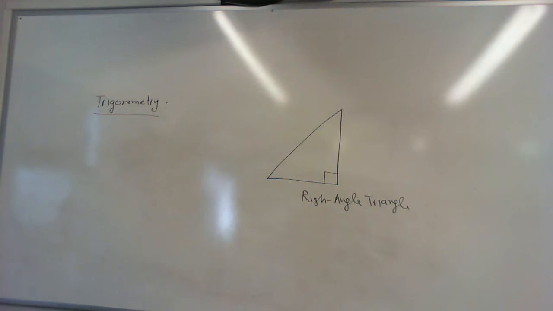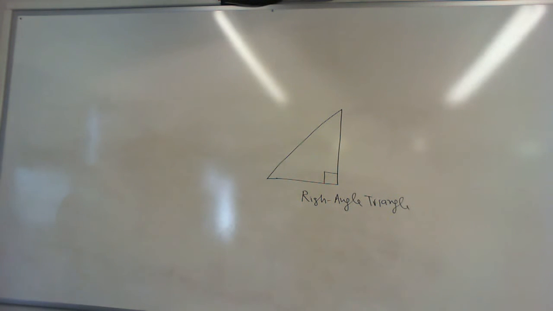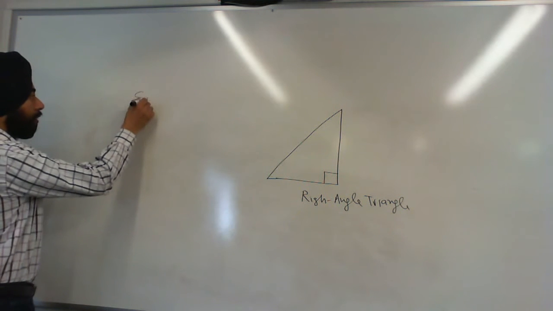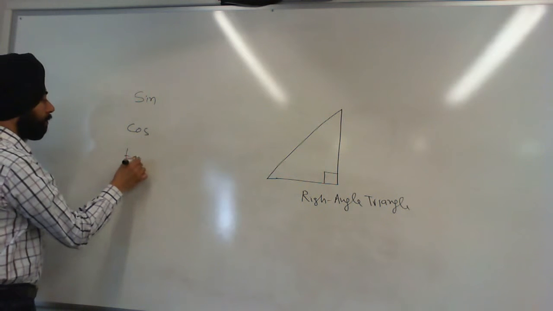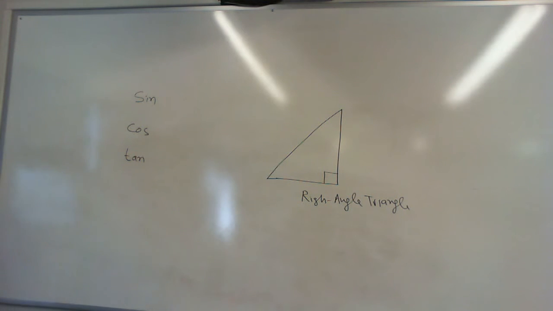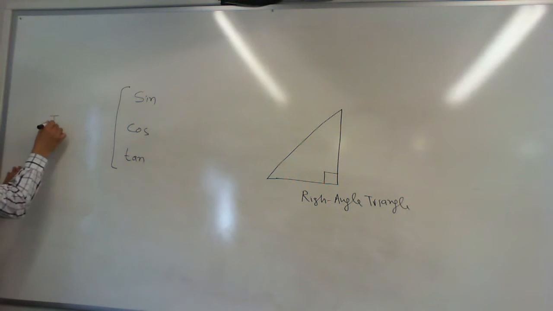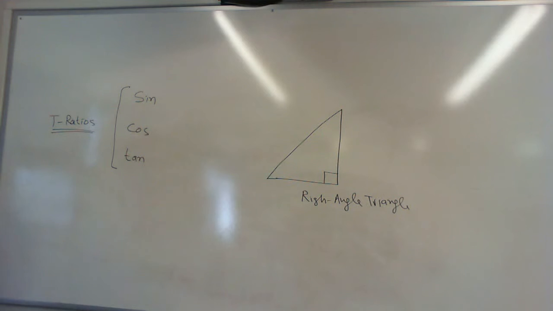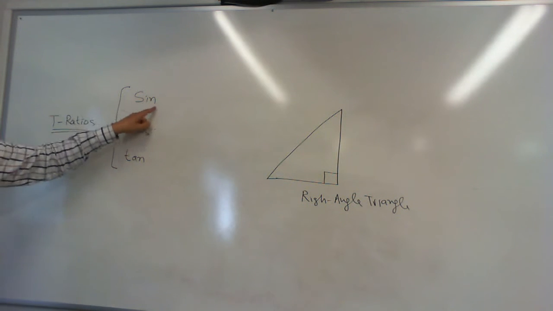And those three formulas we did yesterday, I'll rewrite them. You need to understand three t ratios, and they are called sine, cos, and tan. Together they are called t ratios. T ratios means trig ratios. The first one is sine, and sine cannot be written like this.